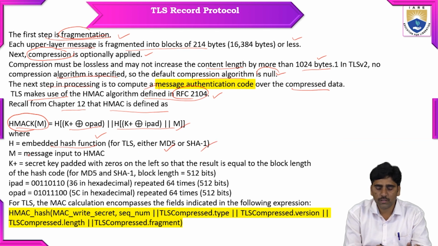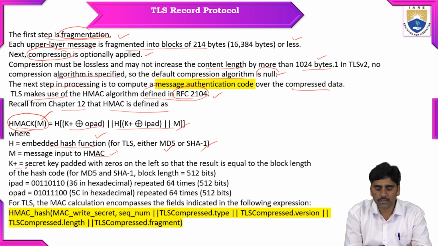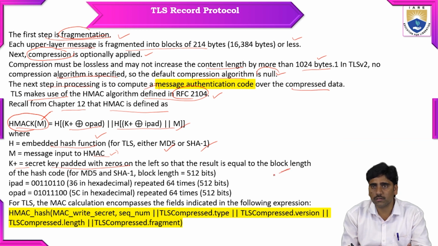M is the message input to the HMAC. K plus is the secret key padded with zeros on the left so that the result is equal to the block length of the hash code. And what is the ipad?